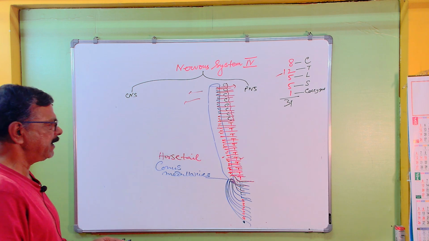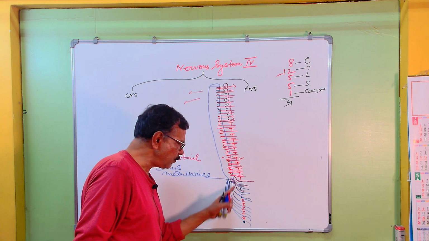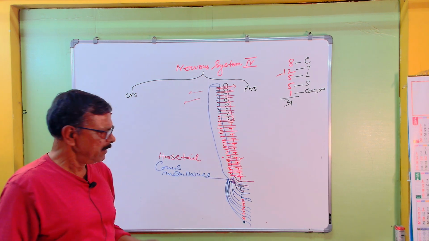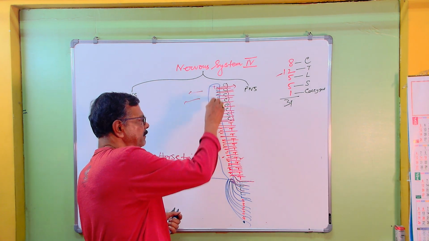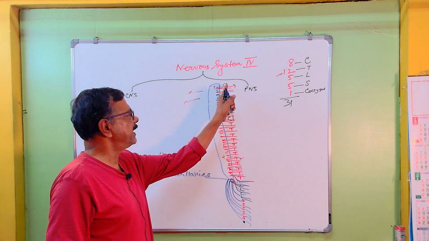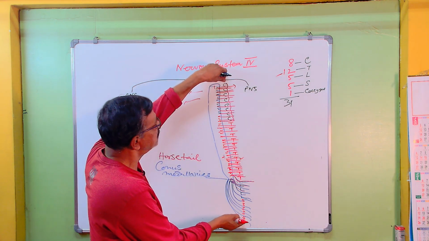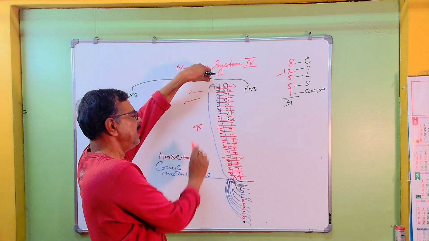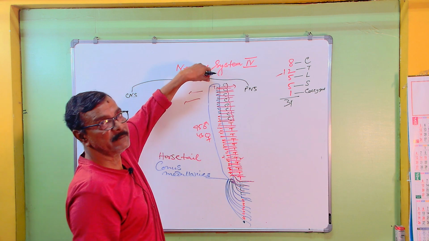Sometimes in viva a question may be asked: why are these roots longer than the roots of the cervical and thoracic nerves? You will simply write that the development of the spinal cord does not correspond with the development of the vertebral column. In fact, the vertebral column is much longer than the spinal cord. It is 45 centimeters in male and 43 centimeters in female.